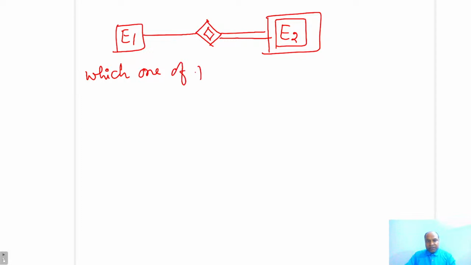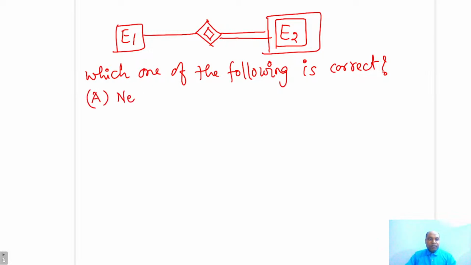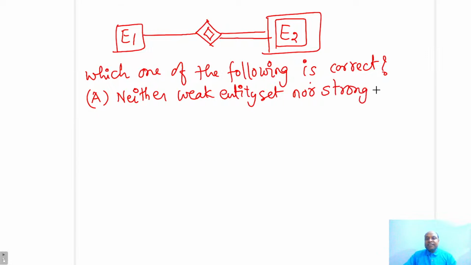Option A says that neither the weak entity set nor the strong entity set must have total participation.